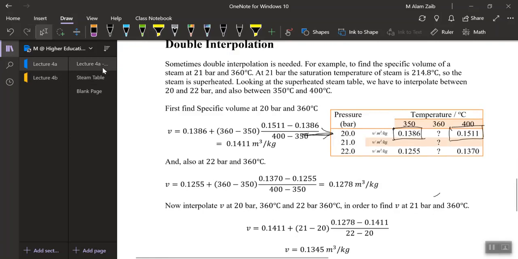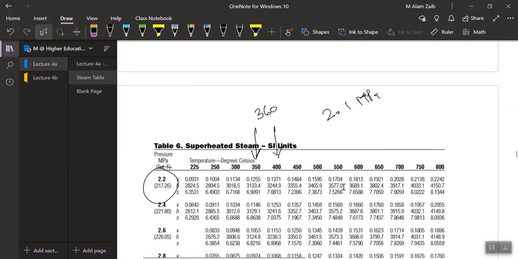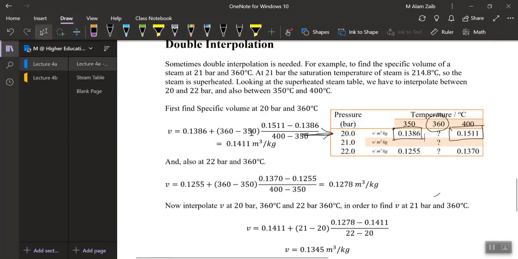Just the same thing over here. I've got at 2.0 megapascal a volume at 350 and 400, but I do not have a volume at 360. Similarly, at 2.2, I have got a volume at 350 and a volume at 400, but I do not have a volume at 360.